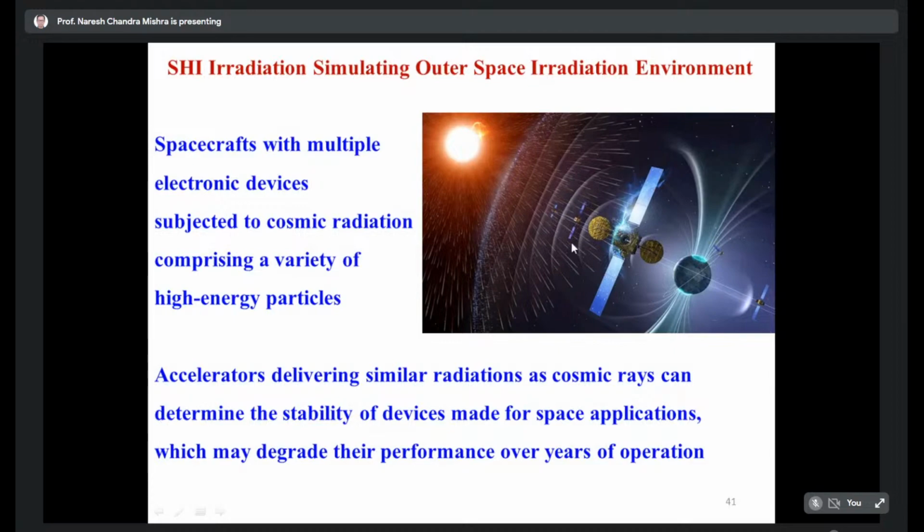Similarly, we don't send satellites to test whether a device will sustain outer radiations. Rather, we take this device to an accelerator and subject it to the same kind of radiations as coming from cosmos, with very high energy fluxes. So within a short time, we can find out if the device can sustain the outer radiations or not.